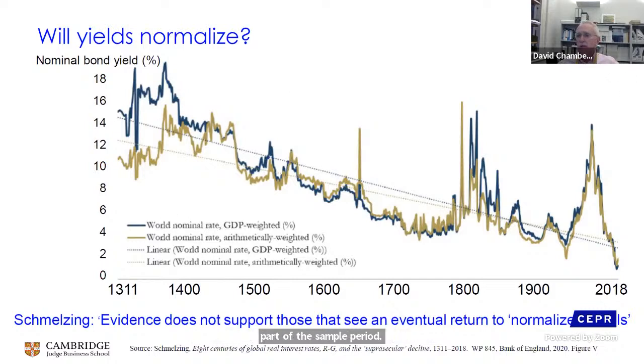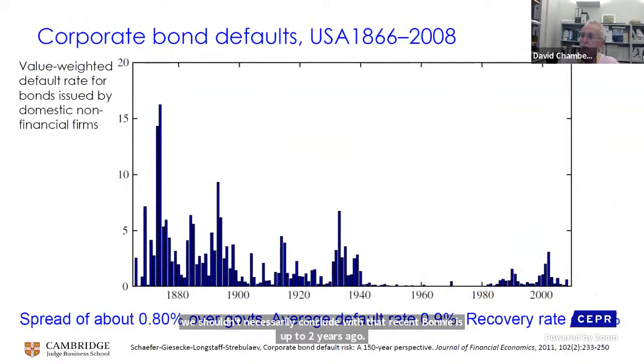But there's fairly convincing evidence here that the long run trend has been for not only nominal but also real bond yields to have contracted over time, and so, notwithstanding the recent inflation spike, we shouldn't necessarily conclude that recent bond yields up to 2 years ago are abnormal.